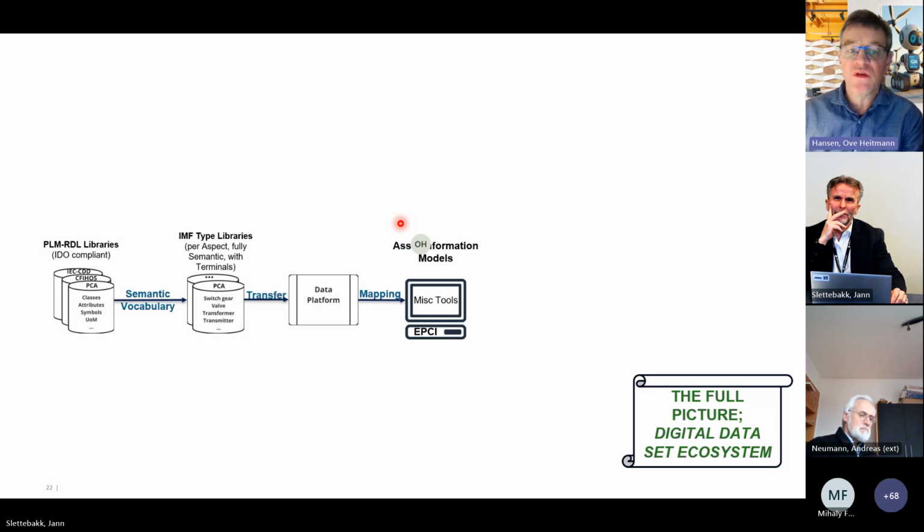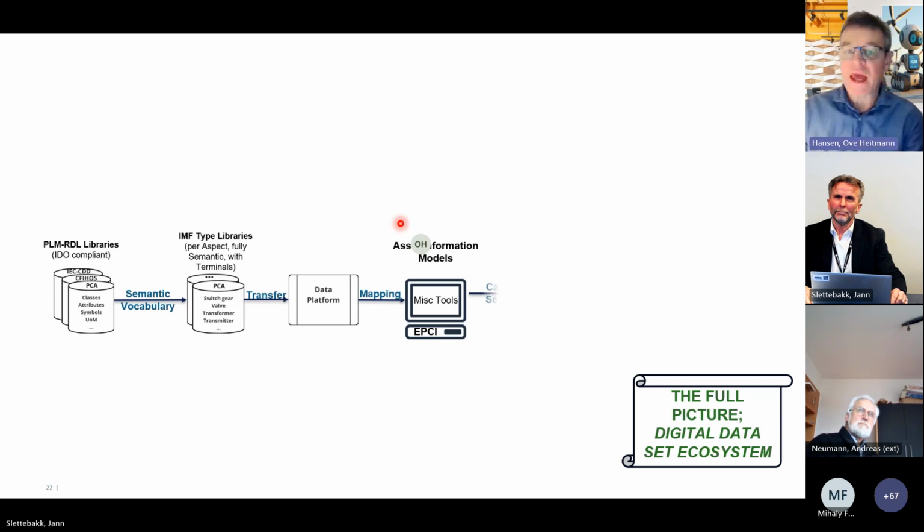Our use case was using the engineering companies Aker Solutions and Able, demonstrating that they can take on board those IMF types that we have defined and modeled according to the IMF framework, and they have mapped this into their engineering systems. So they have taken out the data set instead of documents, and are able to instantiate those IMF types with information and data.